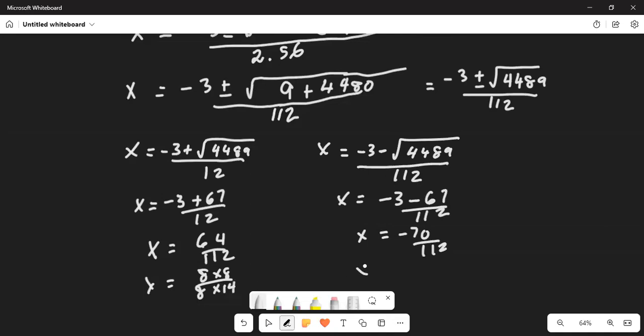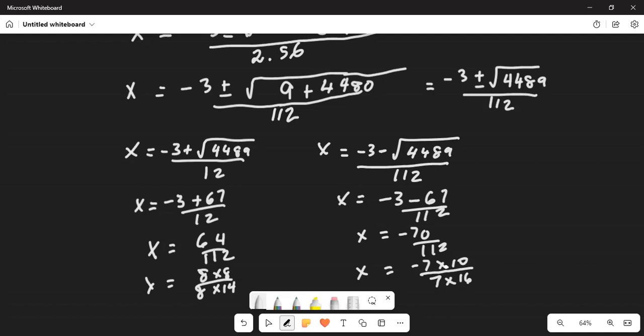And this x, if I take out the common factor, is minus 7 times 10, divided by 7 times 16, and 7 times 16 is 112.